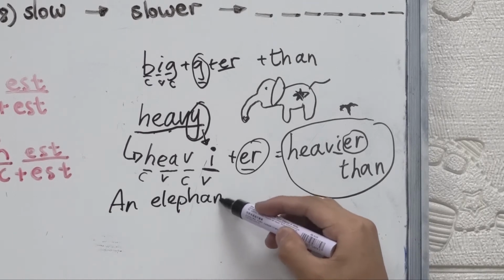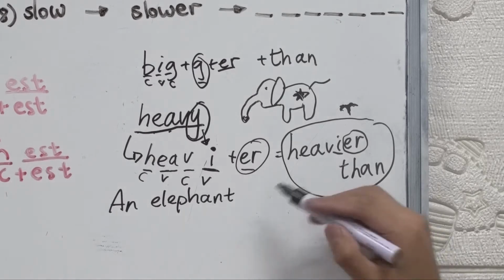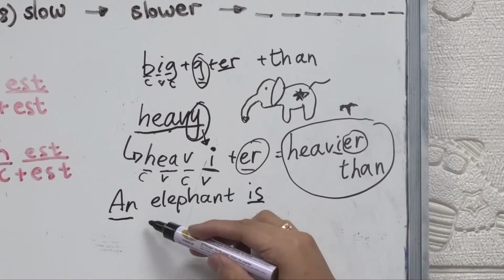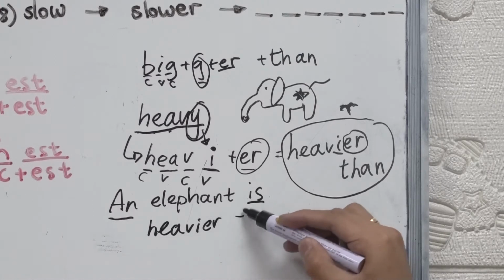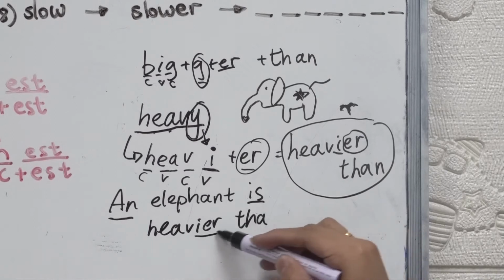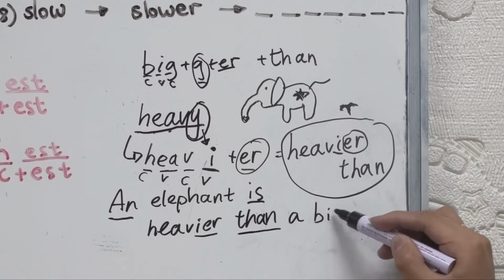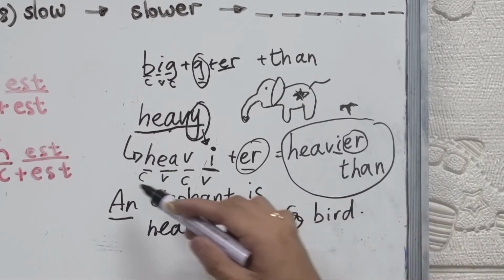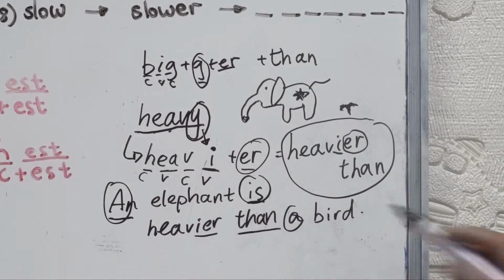How many is an elephant, one or two or more? One. So we say is. An elephant is heavier than a bird. Why a? Because we keep using one.